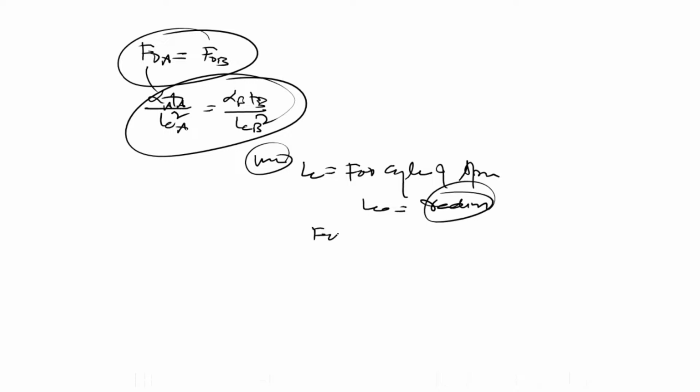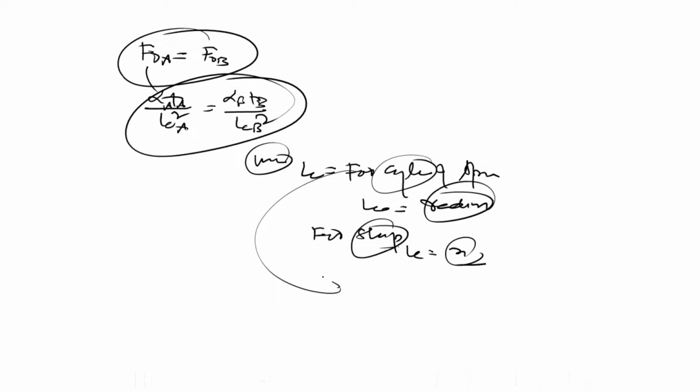And for a slab, LC should be the X distance. And in a cylinder, if heat transfer is taking place in the axial direction, then LC equal to X. So in such a problem, you should directly equate the Fourier number.